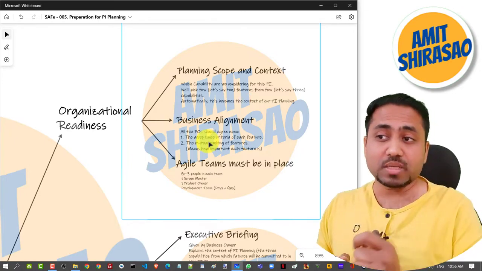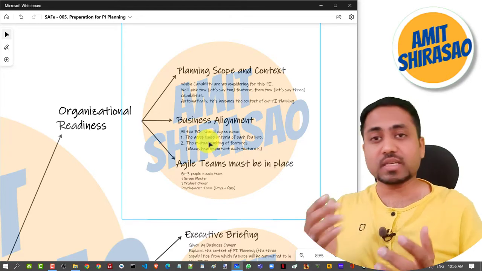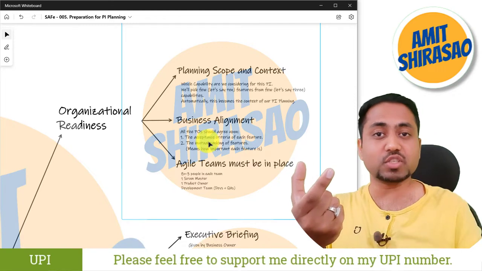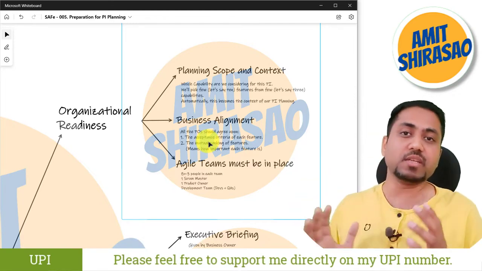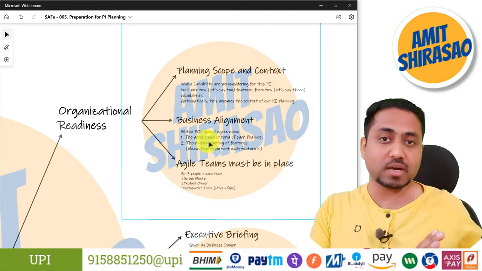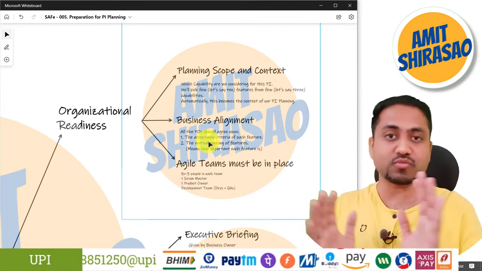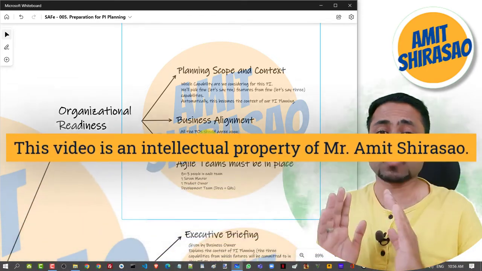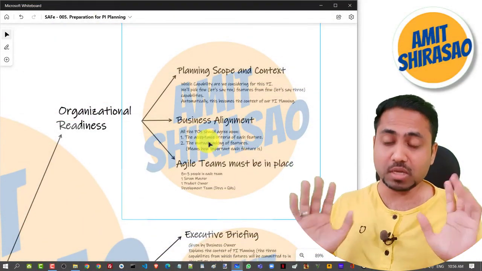The most important thing is, what is the acceptance criteria? If I say feature 1 should be doing this, then what exactly is that thing that the feature should be doing? I should be extremely clear about it, and not just me, but all the other 4 POs in my ART should also be on the same page. They should also feel the same way. Okay, so that is your business alignment. That means your product owners should be on the same page.